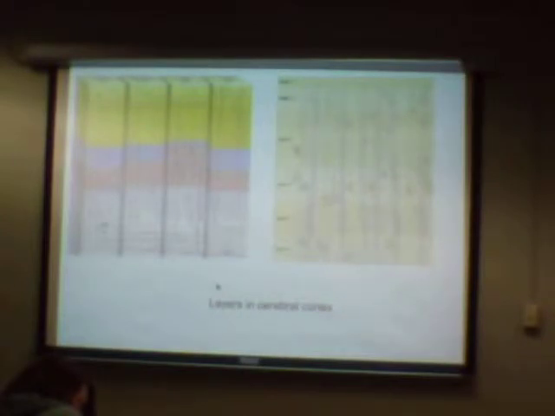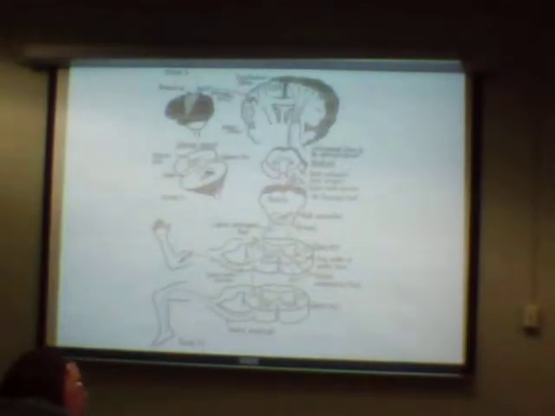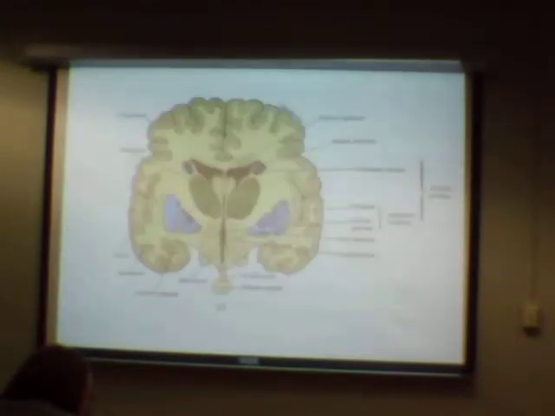So not every neuron that goes into the corticospinal tract comes out of the motor cortex, but the majority do. And they all join together to get out of the brain via the internal capsule, which is this sort of bottleneck between the thalamus and the basal ganglia.